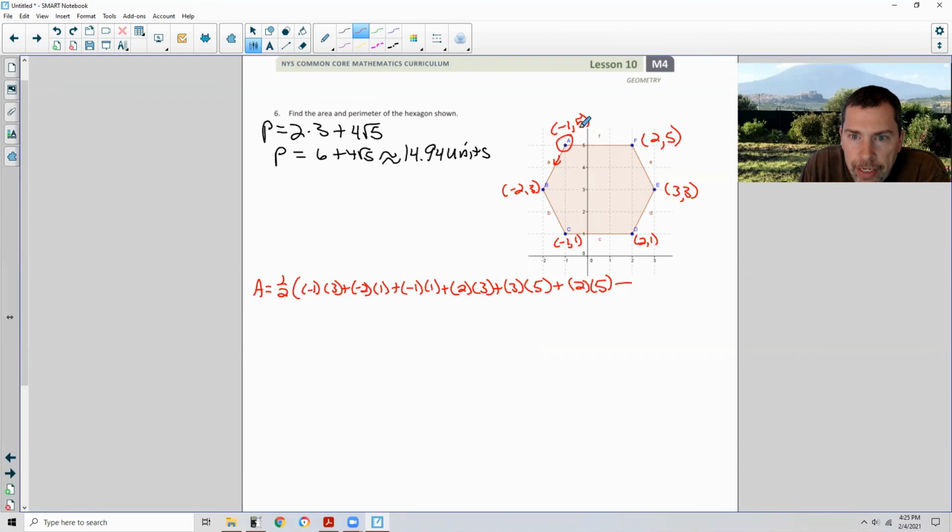Now we're going to start at A with our y. So that's going to be 5 times the next x, -2. And this is messy.